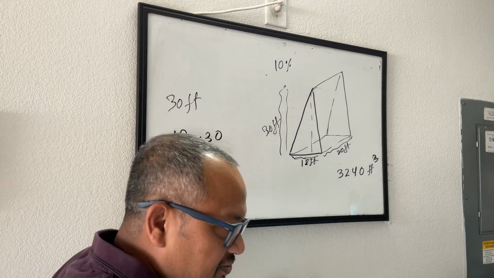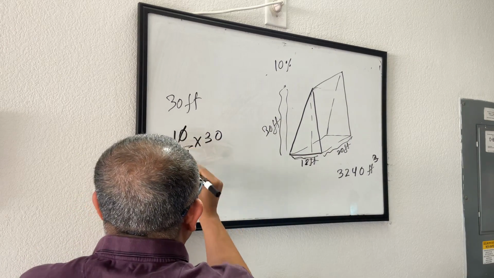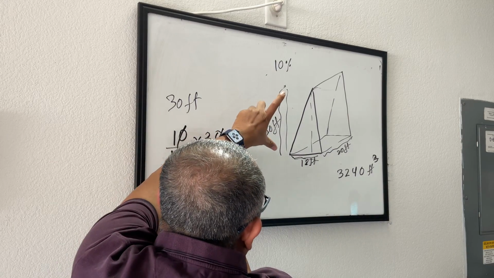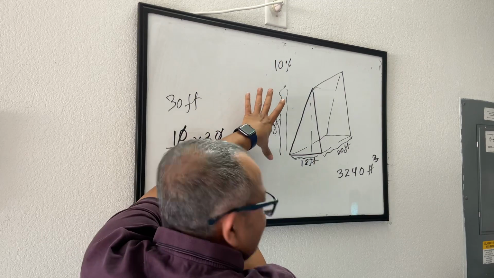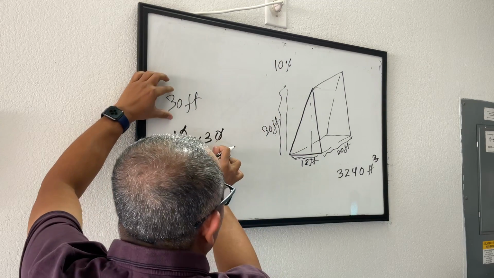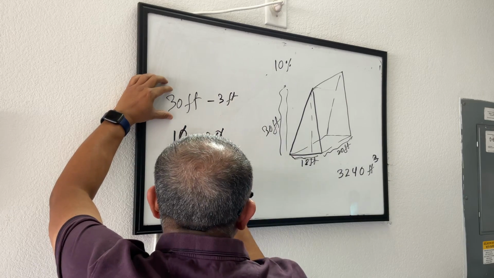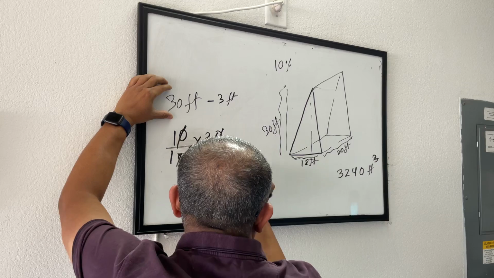This is what you have to reduce. So 10% of 30 is 3. So by 3 feet we have to reduce the height. The height proposed was 30 feet. It has to be reduced by 3 feet. So the new height would be 30 minus 3, which is 27 feet.